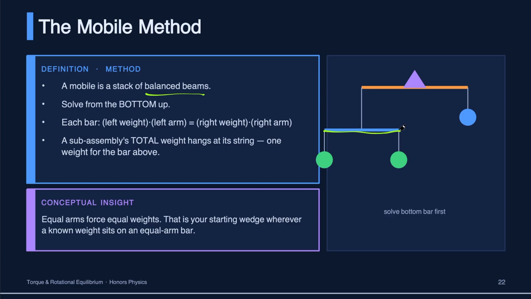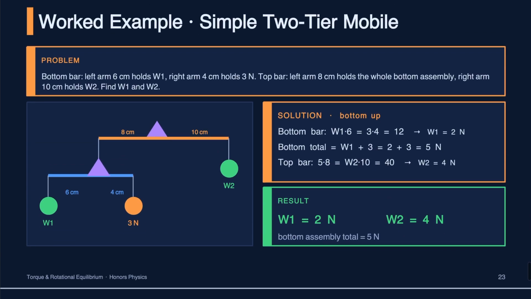Imagine your weighing scales, right? But they're perfectly balanced. And then a mobile is just a stack of them. You have to solve these from the bottom up, and each bar has equilibrium torque, right? Because it's not moving in any direction. So it might be a bit confusing right now, but let me show you it in action so then you can understand better.